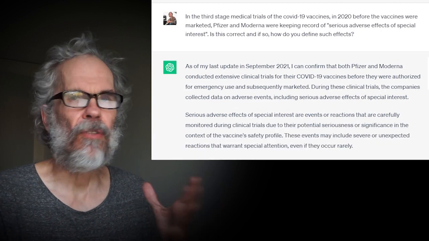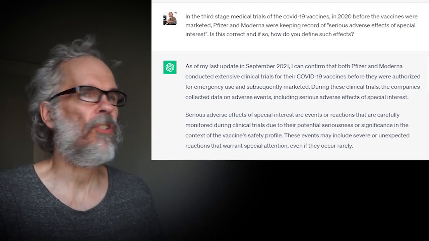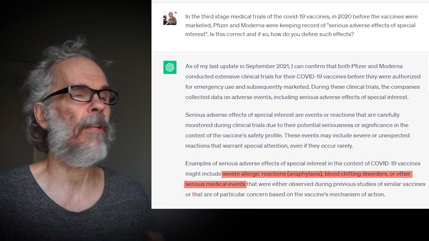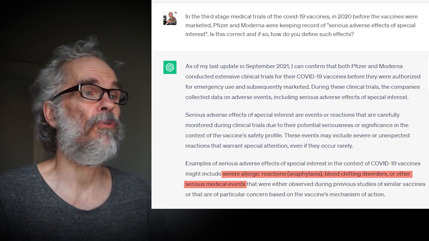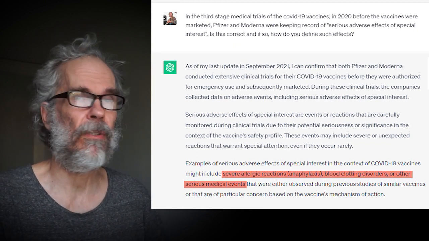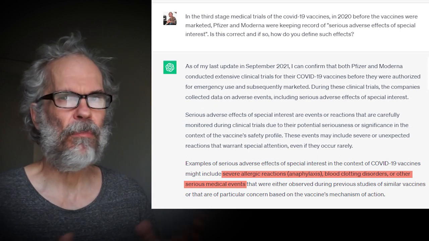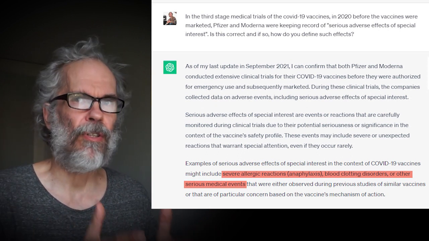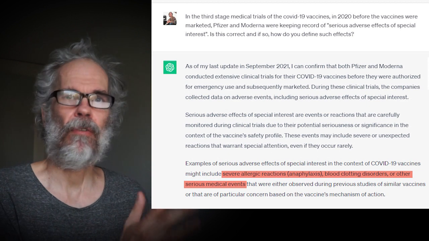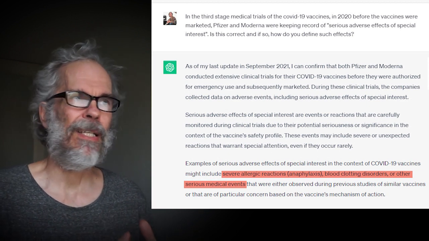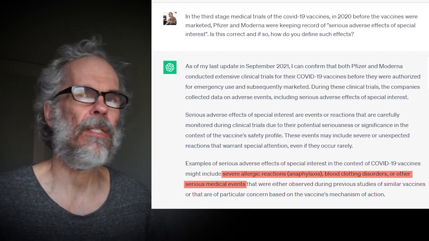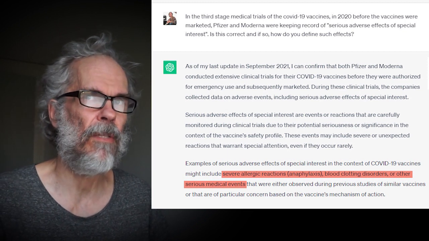And there's lots of general arguments and introductions typically, but here is the example of such adverse effects: severe allergic reactions, anaphylaxis, blood clotting disorders, or other serious medical events. This seems to be rather a short list of possible adverse reactions, but as it turns out very soon, ChatGPT didn't and doesn't have the accurate data about the phase 3 trials.